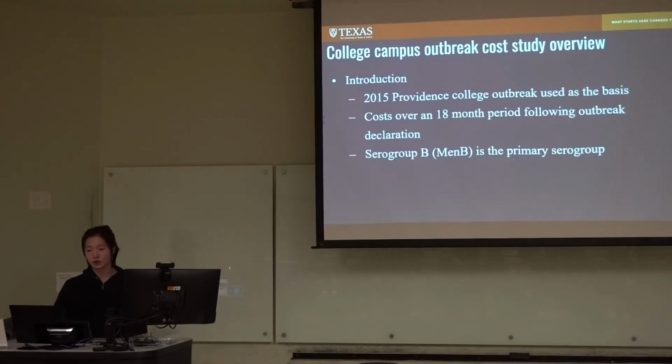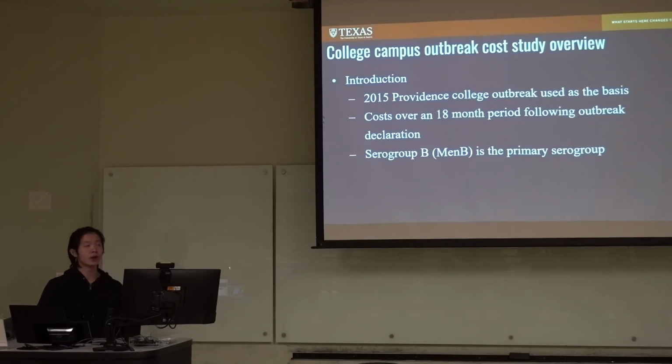This serogroup is also responsible for 60% of invasive meningococcal cases in the U.S. among young adults, and accounts for all 10 college outbreaks from 2011 to 2017, in which there were 42 cases and 2 deaths.